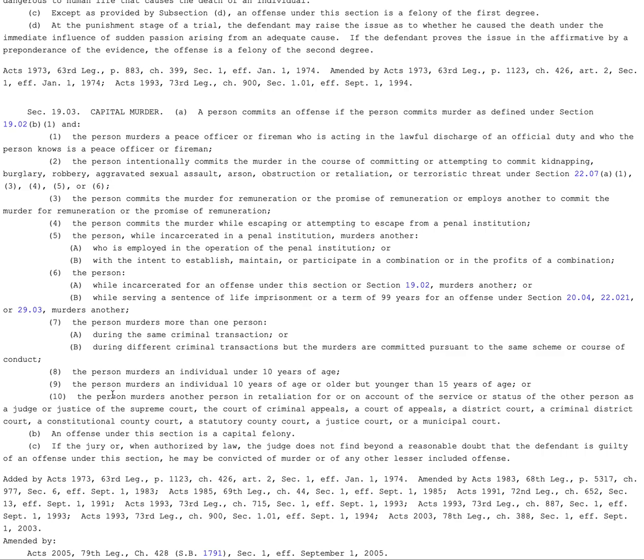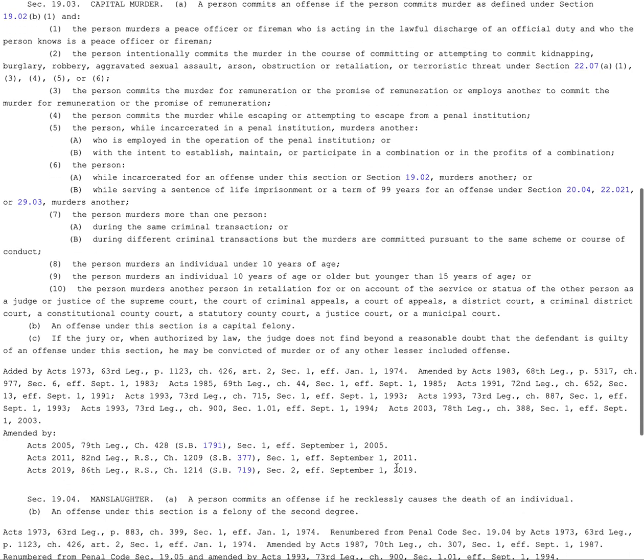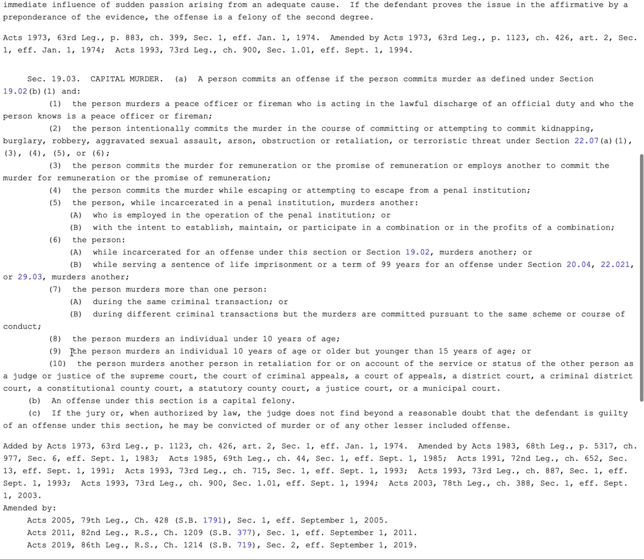There's one interesting thing that we've added within the last couple of years. 2019 is probably the last date that this shows to be amended. In 19.03(a)(9), the person murders an individual who's older than 10 but under the age of 15. You can see that the previous statement is murdering someone under the age of 10.